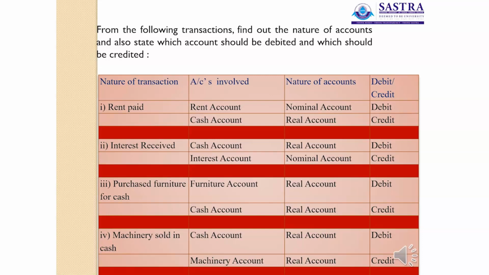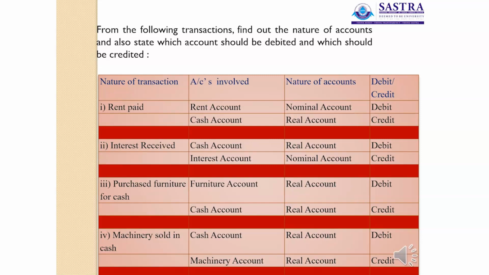How to identify the nature of accounts, which is to be debited and which is to be credited. That is, how to apply the rule. Here, from the following transactions, find out the nature of accounts and also state which account should be debited and which account should be credited.